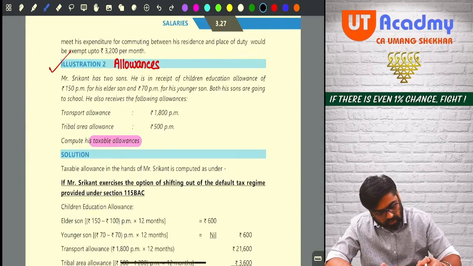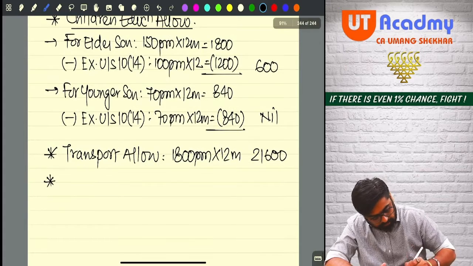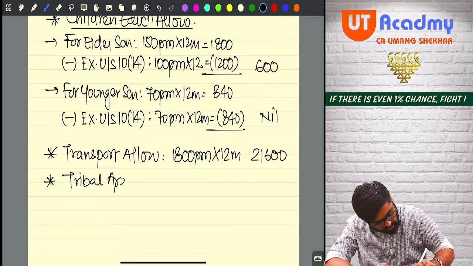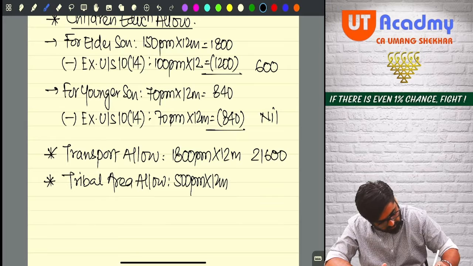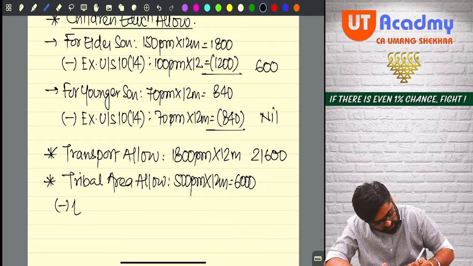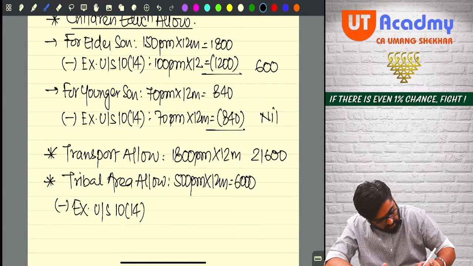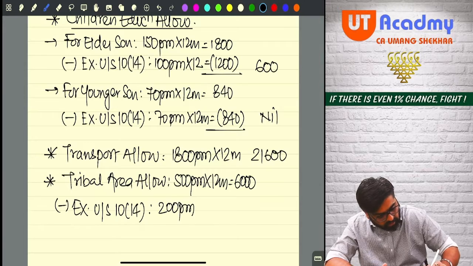Now after transport allowance, he is getting tribal area allowance. Tribal area allowance 500 per month into 12 months, and that amount is 6,000. Now out of this, he is getting exemption also under section 10(14), and that exemption will be 200 per month for tribal area allowance. Do you remember this?